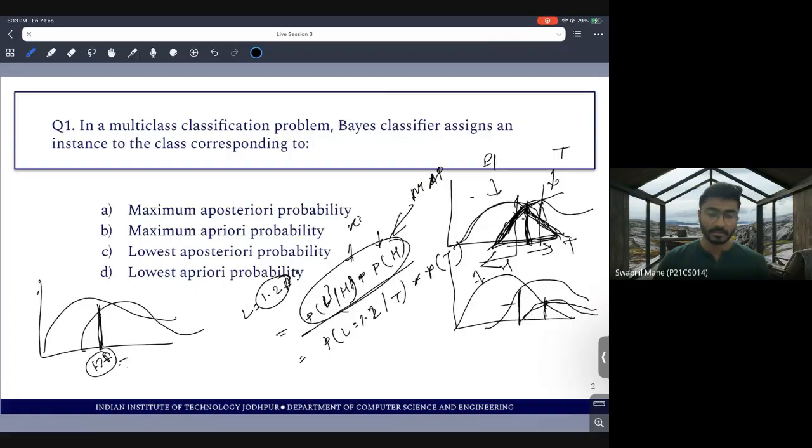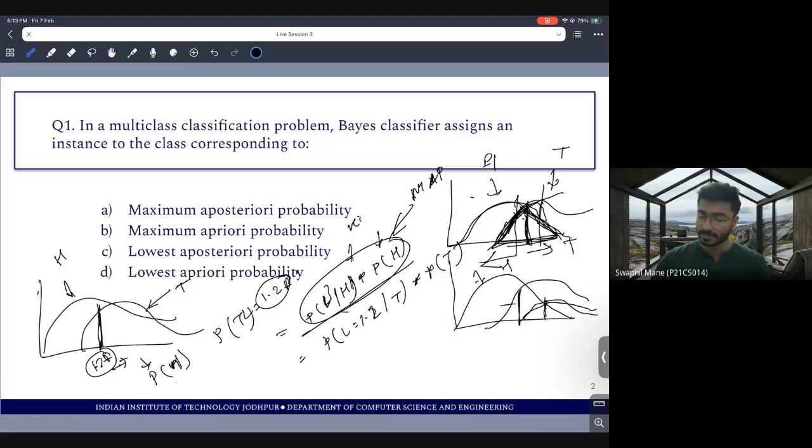Which class does this fish belong to? We need to find out based on the MAP probability, the maximum probability. This is the Hilsa distribution, and this is for the tuna fish. So we get the MAP probability for Hilsa and the probability for the tuna. This is the MAP.